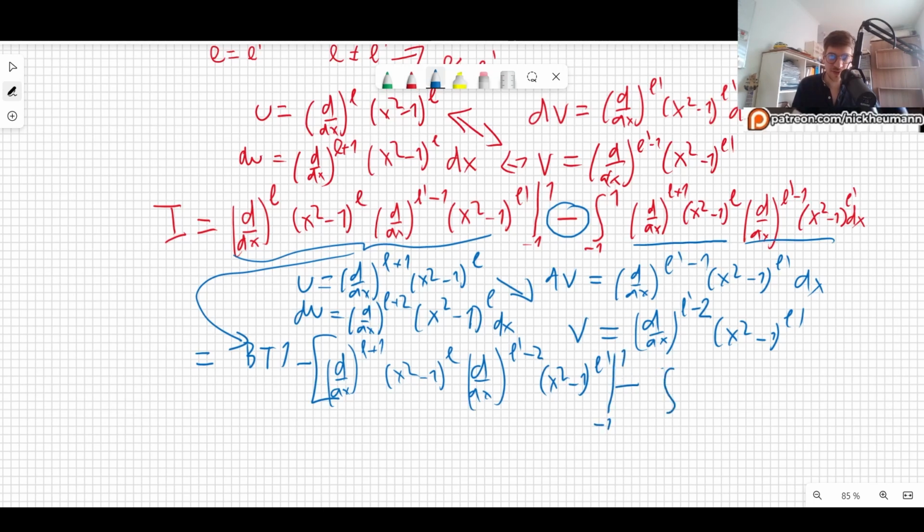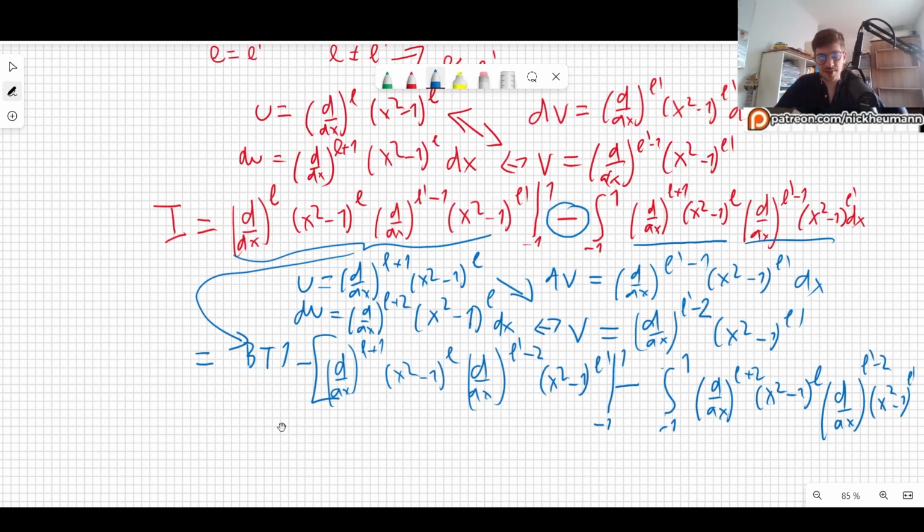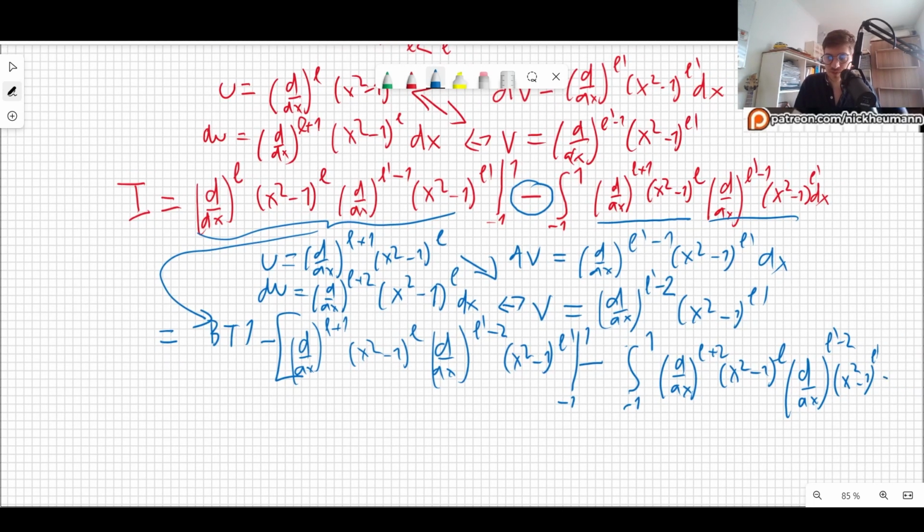Then we have minus the integral from minus 1 to 1 of the product of these two. So there we would have taking L plus 2 derivatives of (x squared minus 1) to the L times taking L prime minus 2 derivatives of (x squared minus 1) to the L prime and dx, of course.